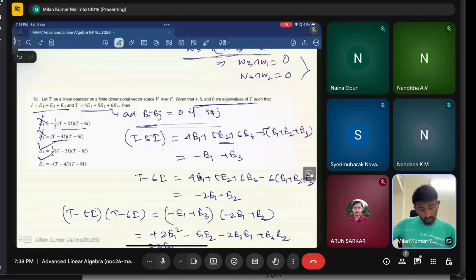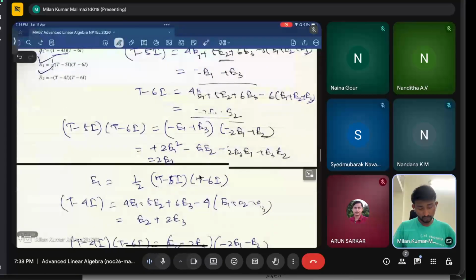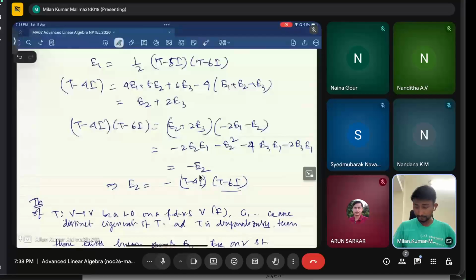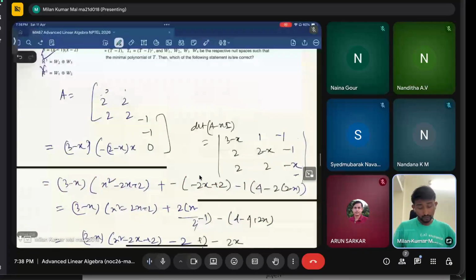So T minus 6I is equal to this one. So I'm using it correctly, but the problem is that we have to do the calculation. So there has to be c1 minus c2 only.